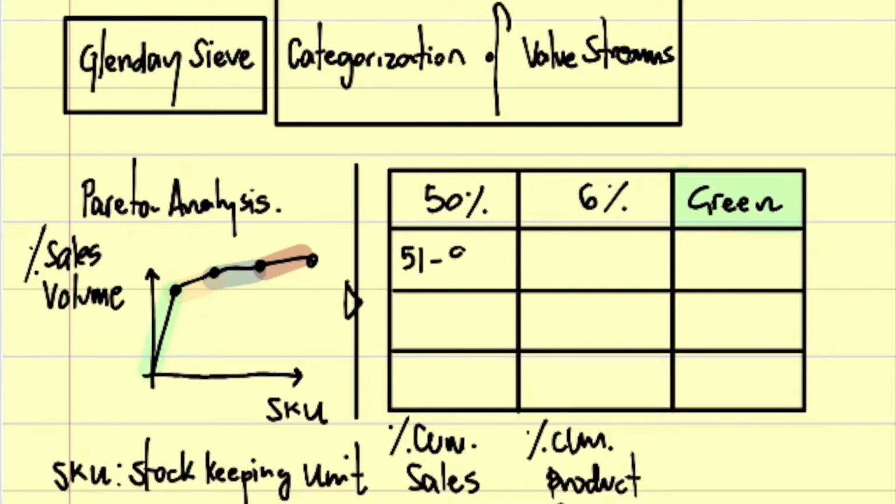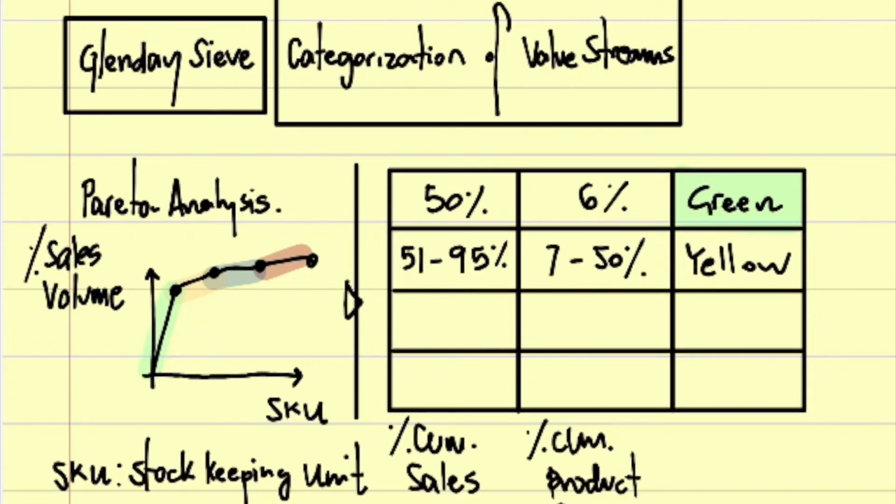From 51 to 95% of the cumulative sales, so let's say 44%, and then from 7 to 50% of the SKUs. So 43% of your sales is being driven by about 43% of your SKUs.